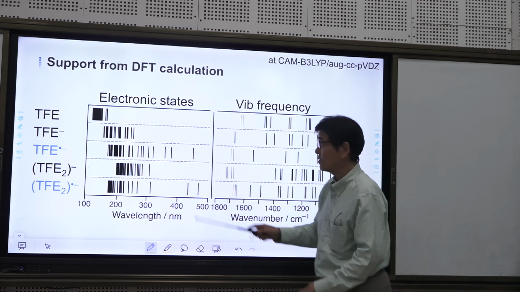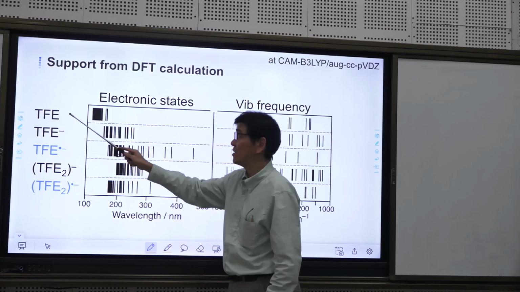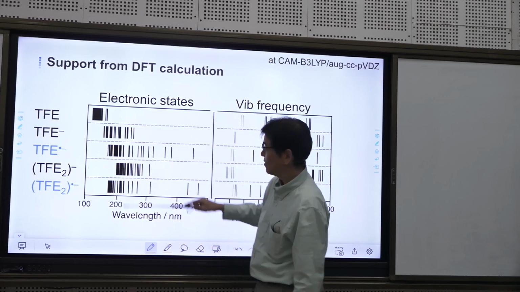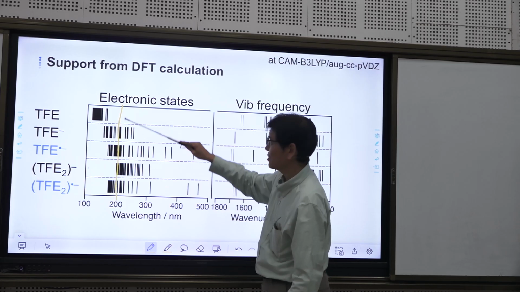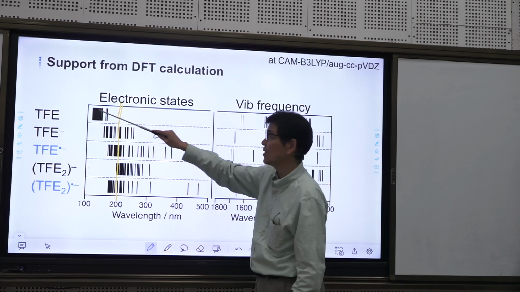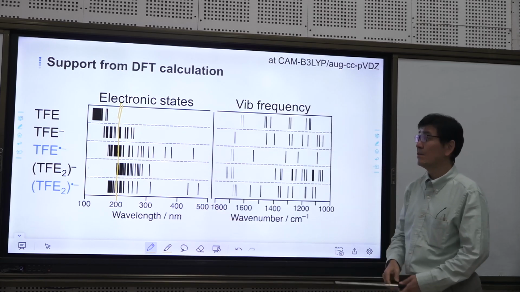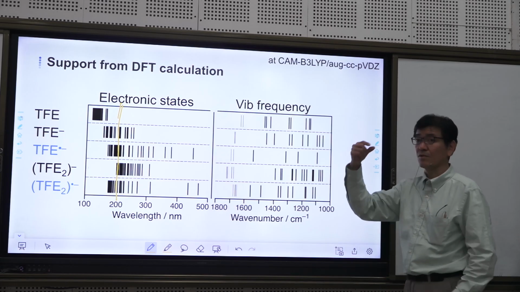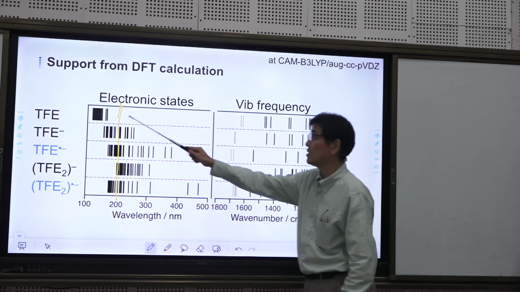As expected, if the TFE exists in the neutral form, then the absorption band or electronic state is all below 200 nanometers. As you may know, TFE is a transparent liquid. There is no visible absorption. It agrees with this calculation.